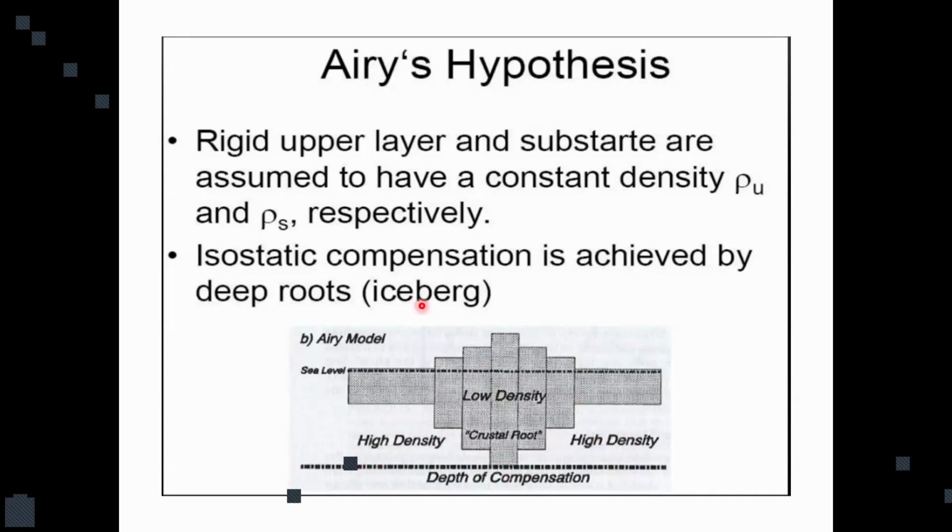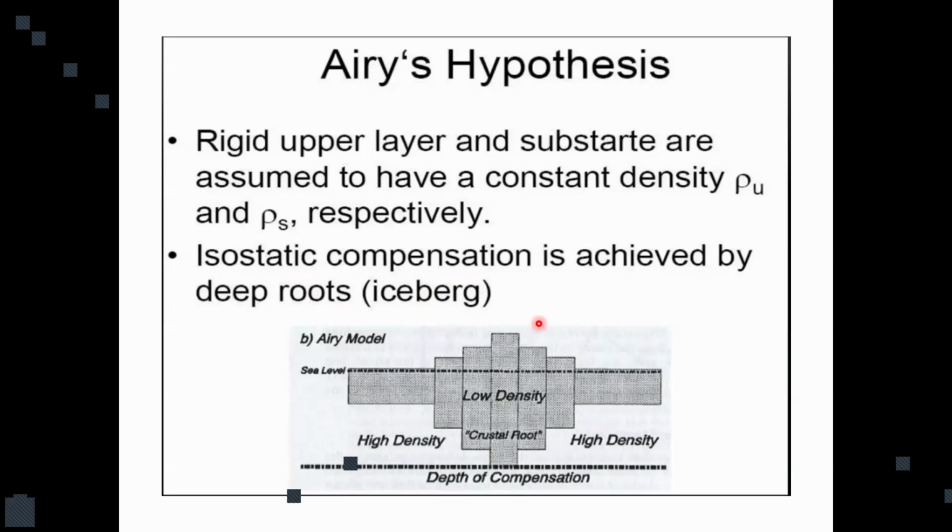So, according to Airy, isostatic compensation or equilibrium is achieved by deep roots, just like the phenomenon of an iceberg. In English, they will say, what you are seeing is the tip of the iceberg. Once you see an iceberg floating, a lot of it is under the water.